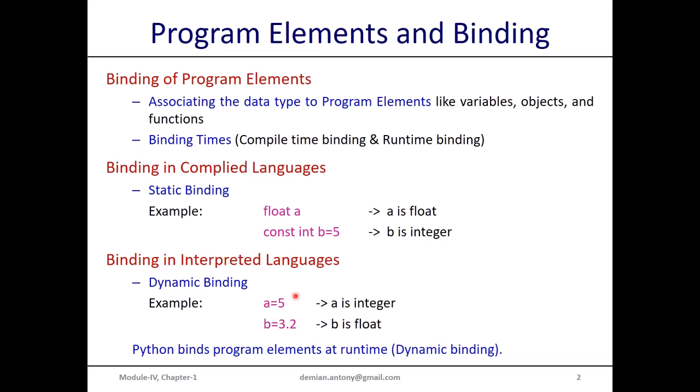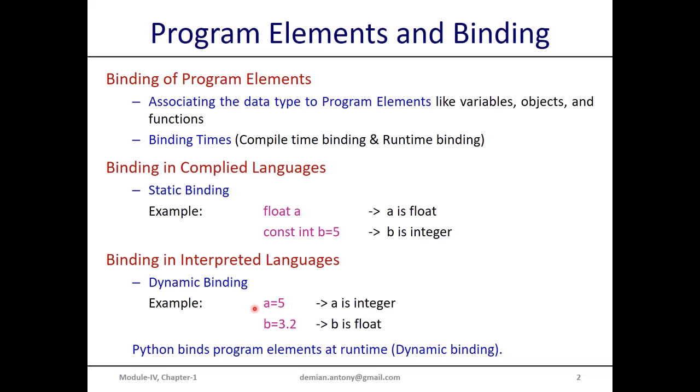Similarly, if we write a = 5.0, then at runtime the Python runtime environment attaches the data type float to the variable a, depending on the value 5.0.